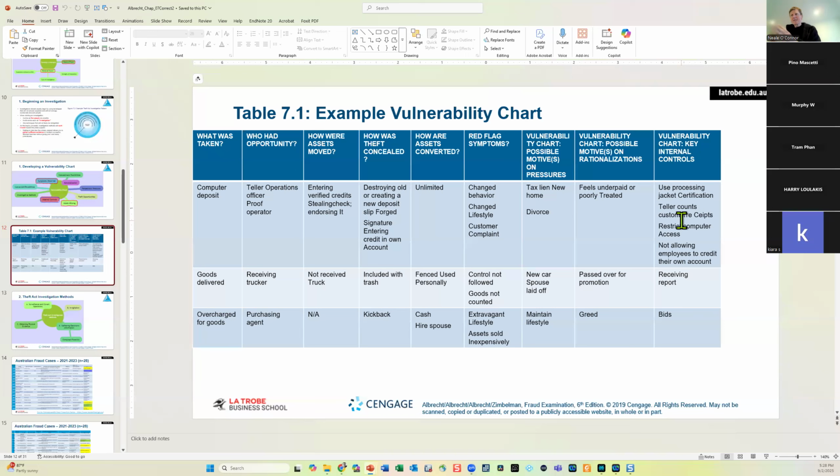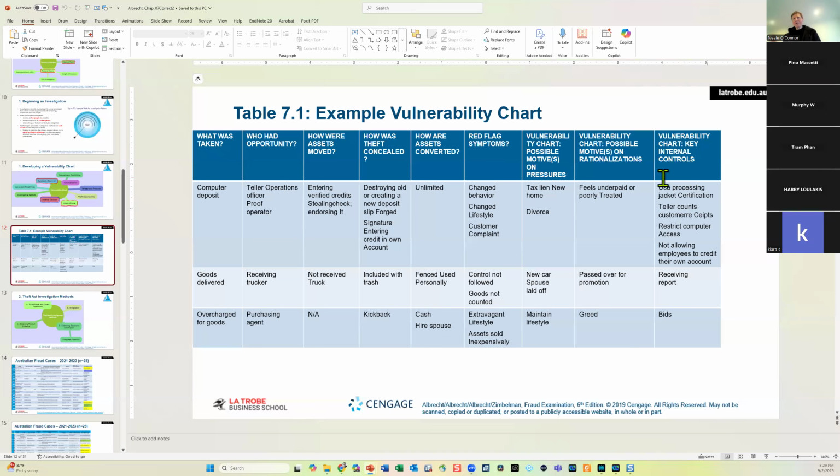You need to start filling out something like this. Of course, there'll be more and more rows, but this is just a way of logically setting out the evidence, so even before you interview the perpetrator directly, you are gathering as much evidence as you can.